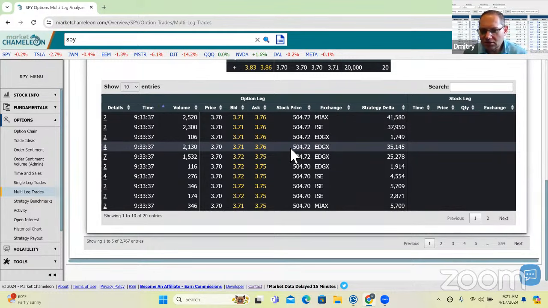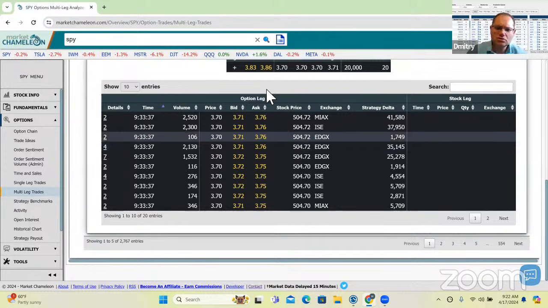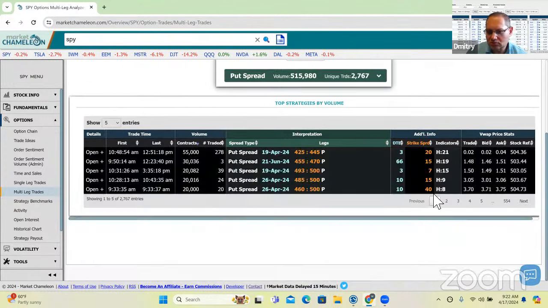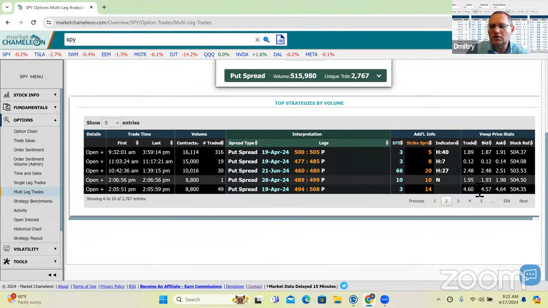But this one looks like there was a big seller who was really aggressive, and it traded even below the displayed bid, right? So these are things that could also help you when you're looking for quality of execution, right? So let's take a look here and see if we can find more that are on the bid or offer.